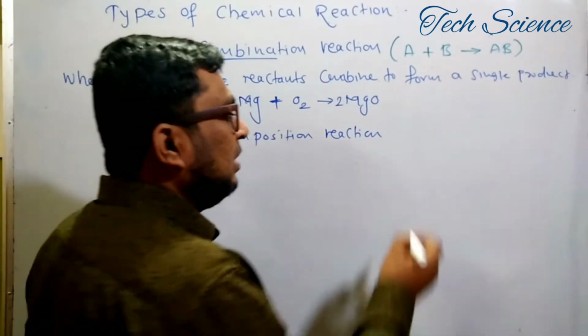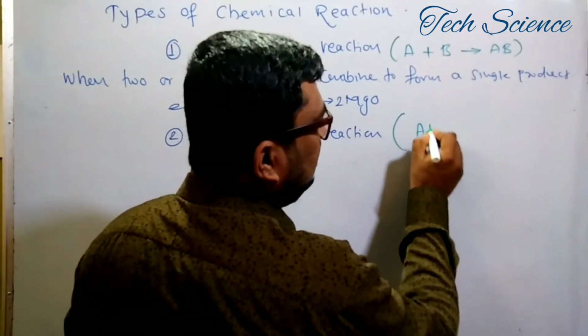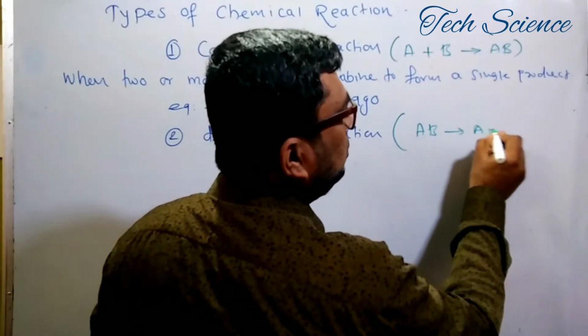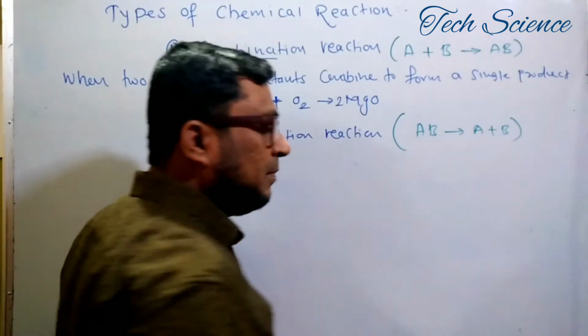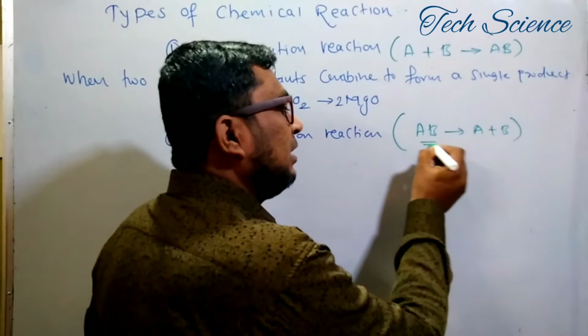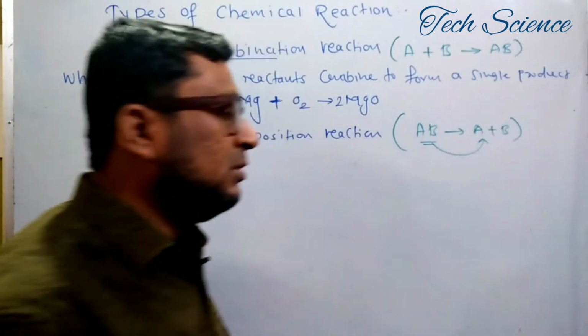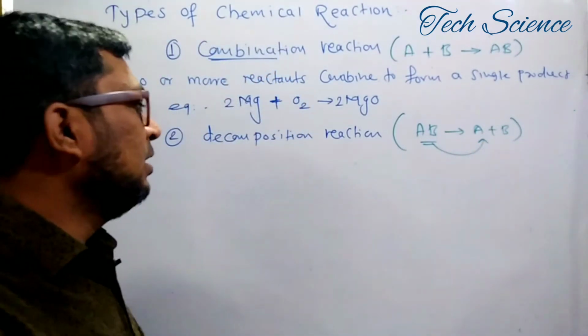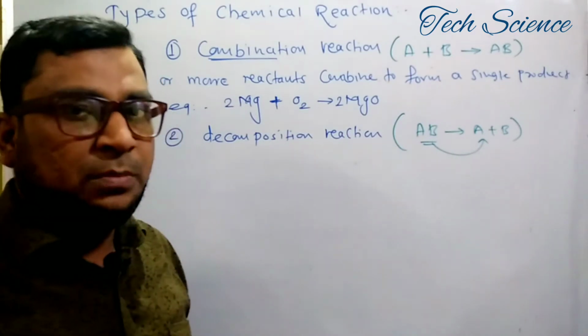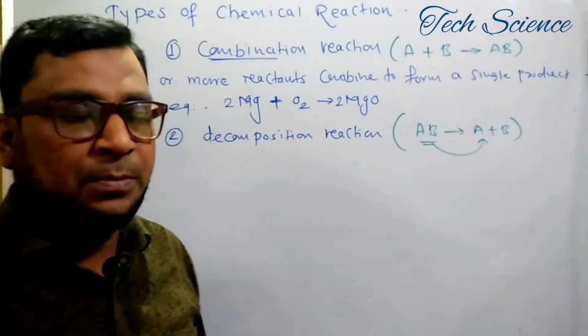On that basis, we can write that if there is a reactant, it has to split into products. This complex reactant gets split into simple products, which is called decomposition reaction. But what should be the definition from the chemistry point of view?